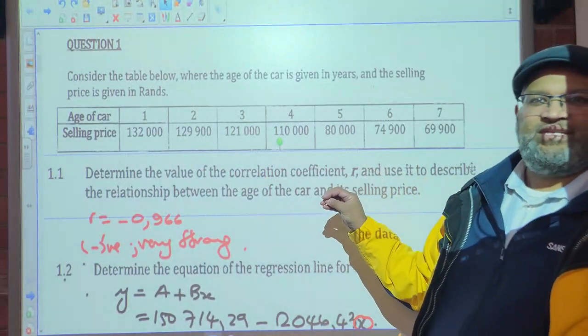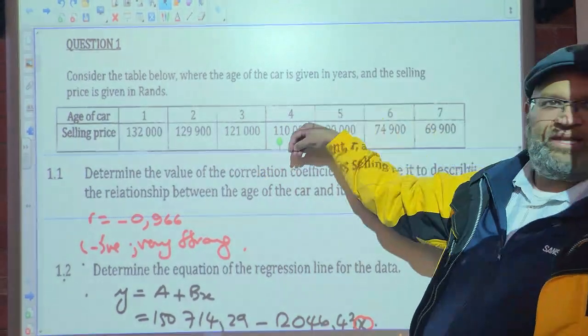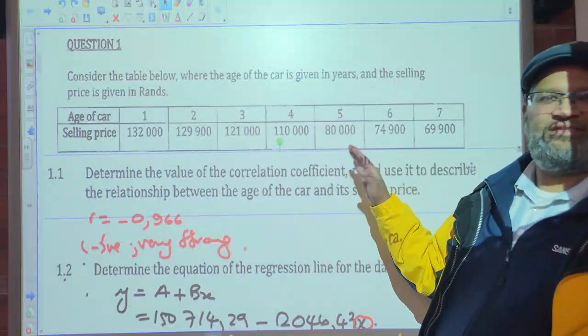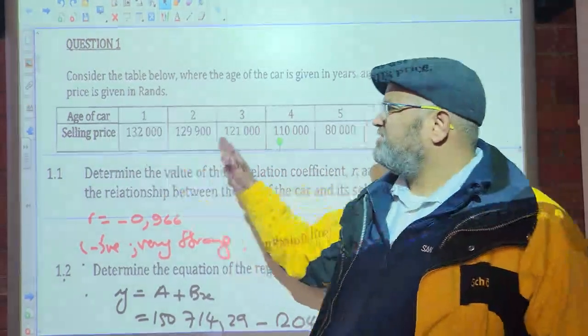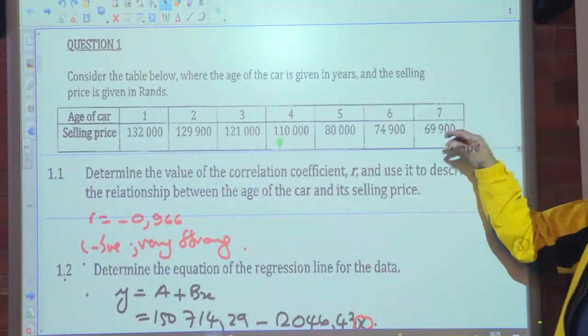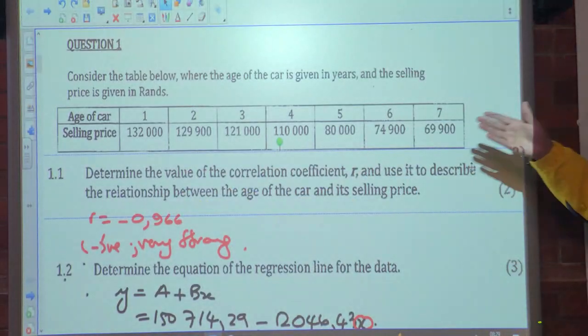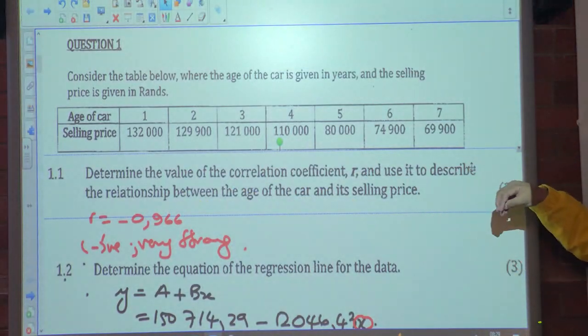You understand? This is what we call an interpolation, within the data set range. Whereas if you go from 8, 9, 10, and even 20, that is what you call an extrapolation, which means it's outside the data set.